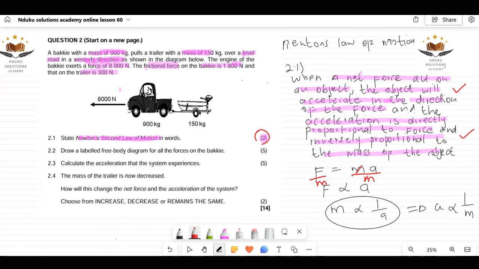So we have acceleration being equal to F over m. Hence they're saying it's inversely proportional. So when the mass increases, acceleration will decrease. That's what it actually means. Direct proportion means that if I increase, you increase. Hope you got that.